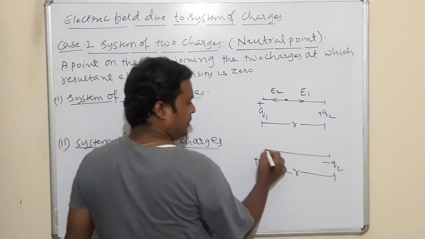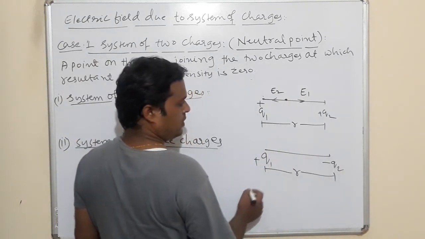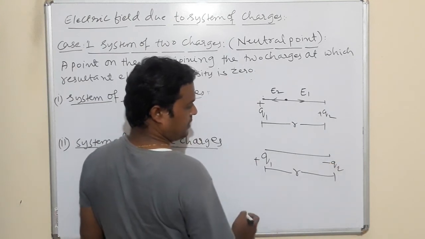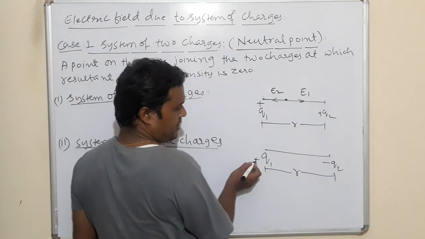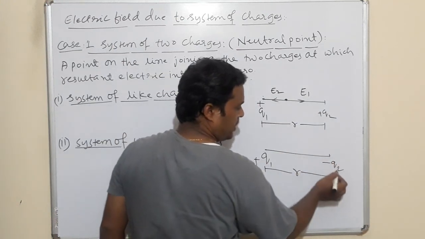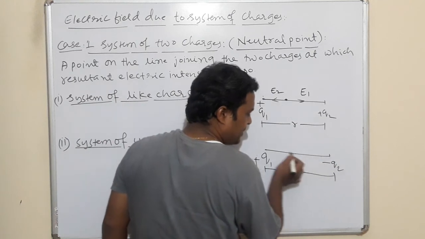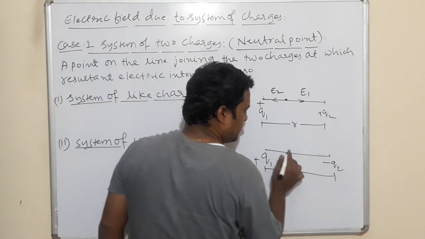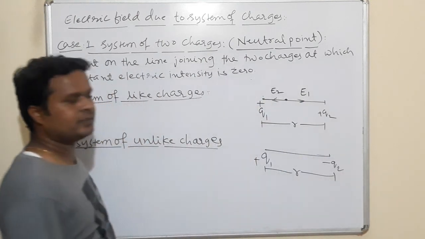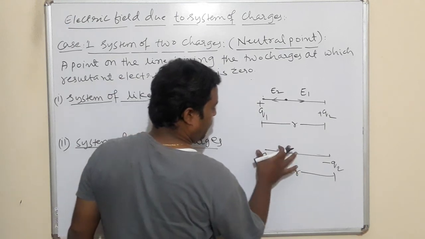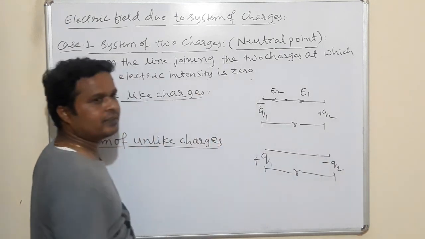See, in between these 2 points also, in these unlike charges, here if you take the point, the field due to this charge will be away from the charge. The field due to this charge will be towards the charge. That means anywhere in between the pair of unlike charges, the two fields will be in the same direction. That means neutral point is not possible in between the charges.